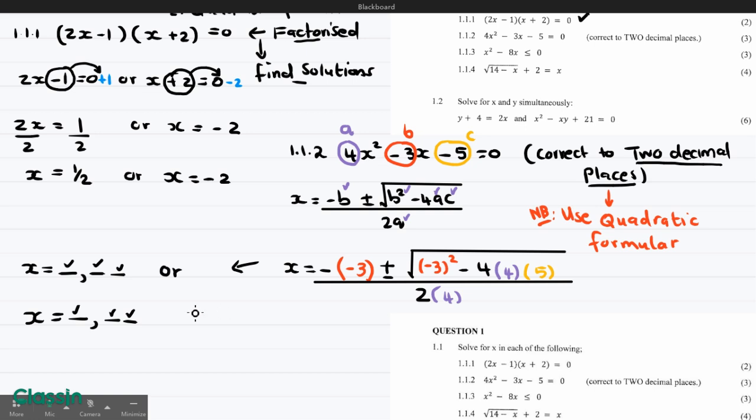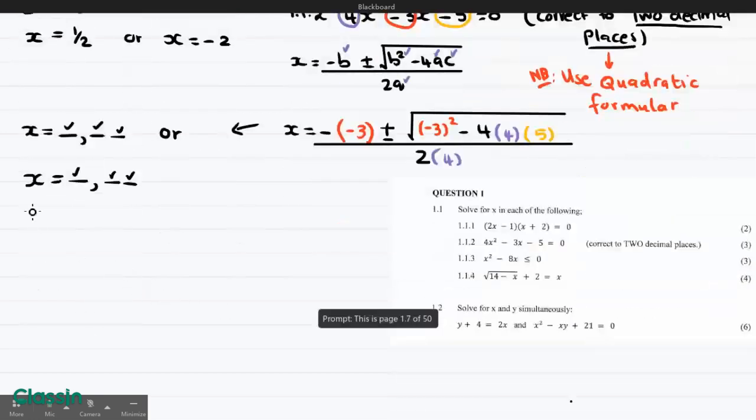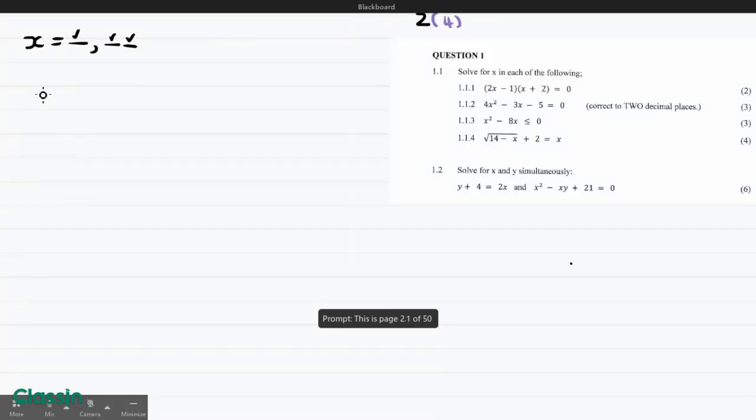Now let's go to 1.1.3. 1.1.3 is on inequalities.